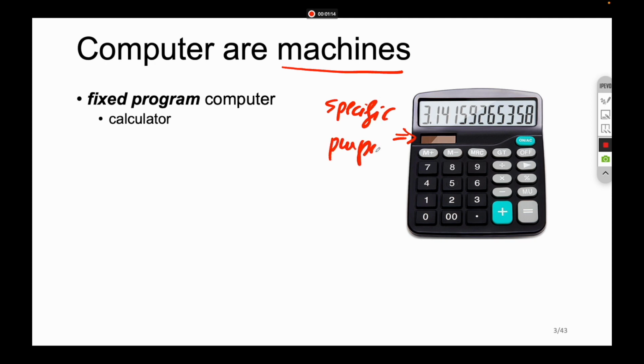For example, this computer is designed to do calculation. Actually, it's a calculator. So what does specific purpose mean? You will understand this definition when you look at the second kind of computer.